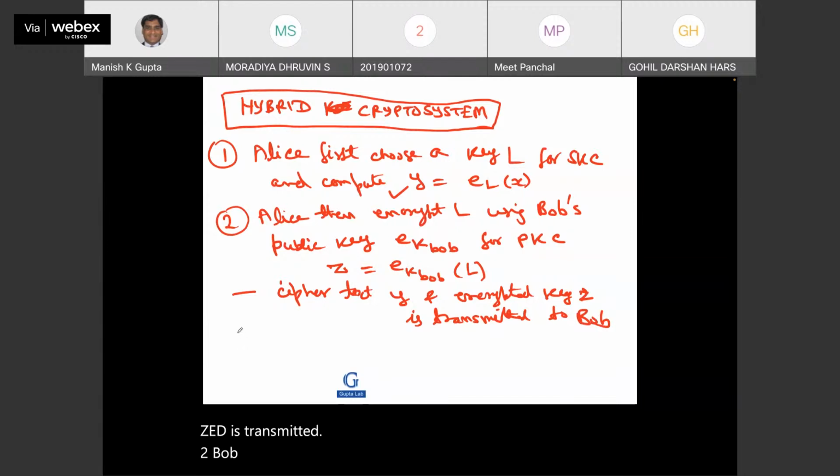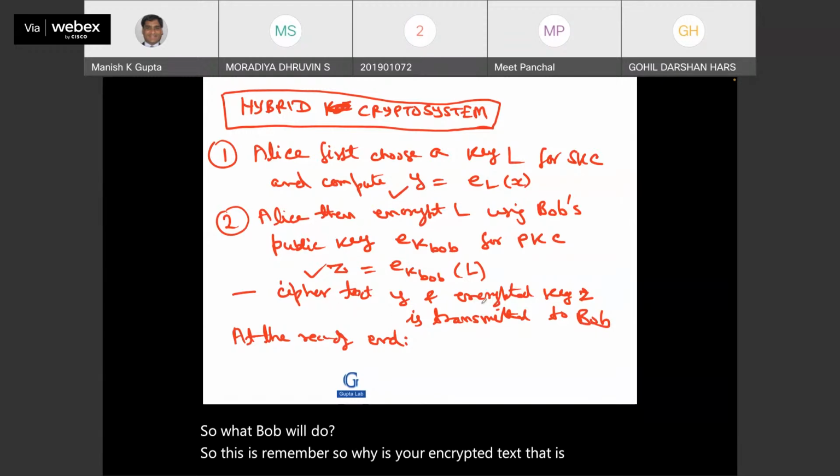So at the receiving end, remember, Y is your encrypted text, Z is your encrypted key, both are sent.